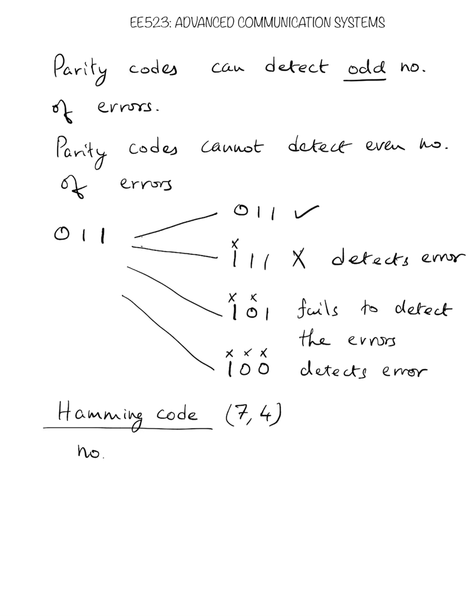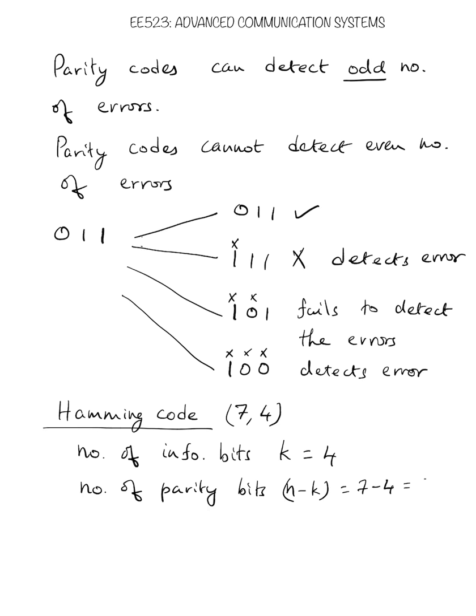So the number of information or data bits k is equal to 4. The number of parity bits is n minus k, which is 7 minus 4, that means 3.